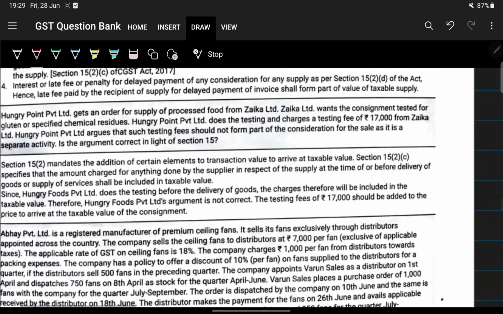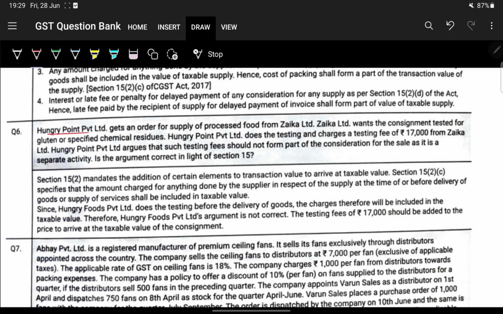Next. Now here, Hungry Point Private Limited gets an order for supply of processed food from Zyka Limited. Zyka Limited wants the consignment tested for gluten or specified chemical residues. Hungry Point Limited does the testing and charges a testing fee of 17,000 from Zyka Limited.